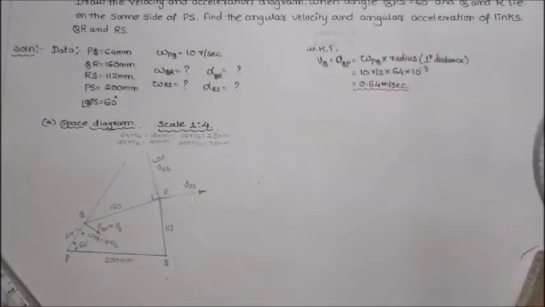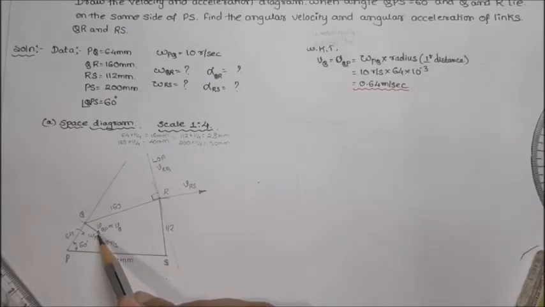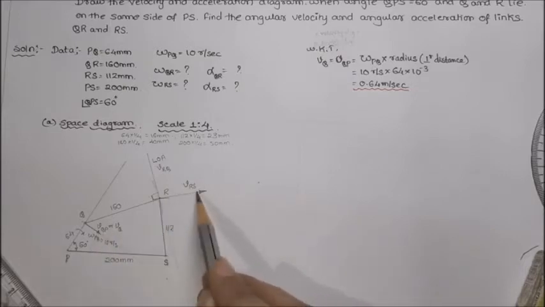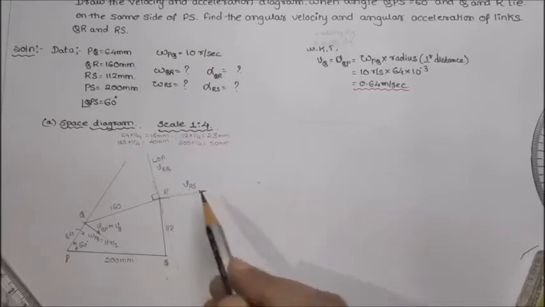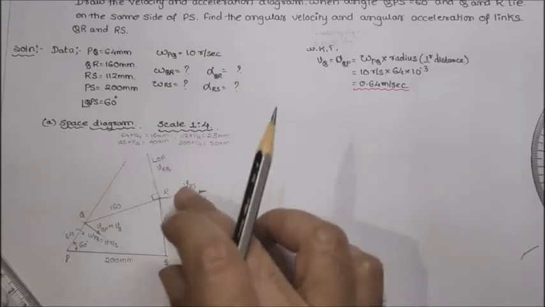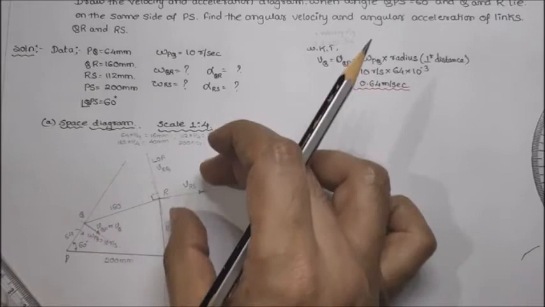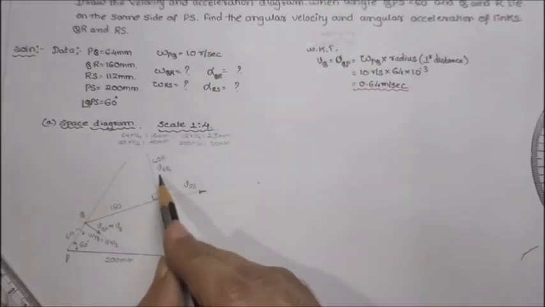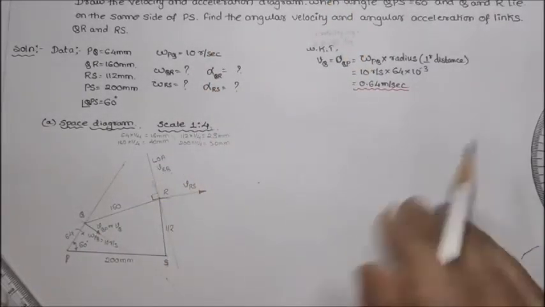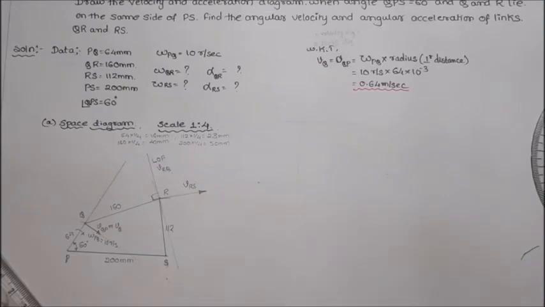So we got one vector with the direction, but here we are having only direction. We don't have the magnitude of this one. So using the first and second components and the third component, that is velocity of R and Q, we will draw the velocity diagram.